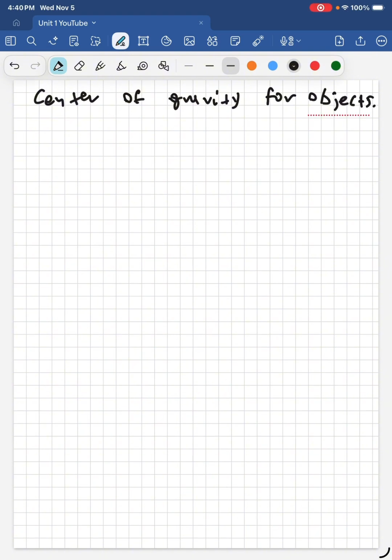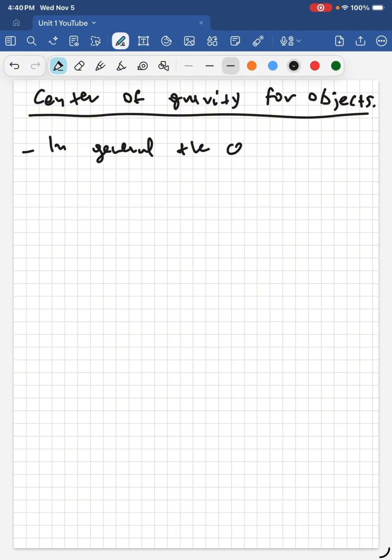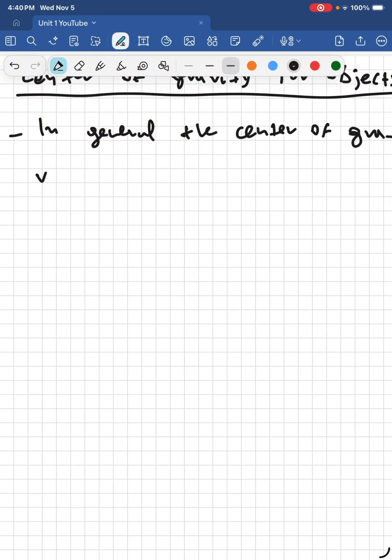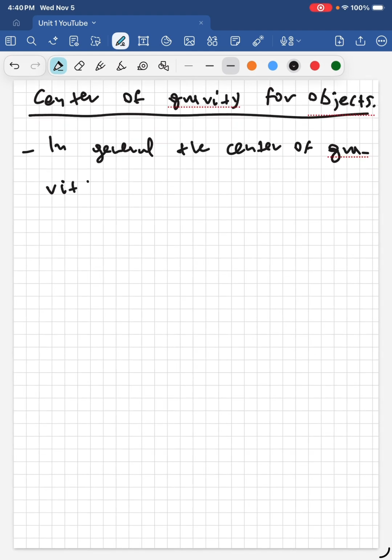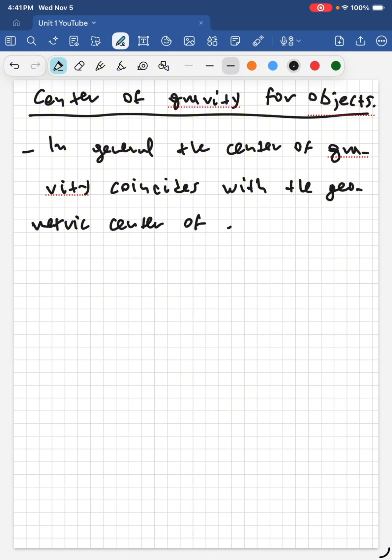Okay, so in general, the center of gravity coincides with the geometric center of objects.